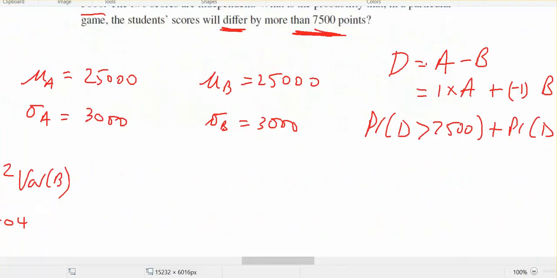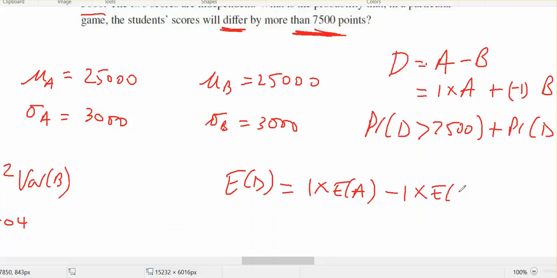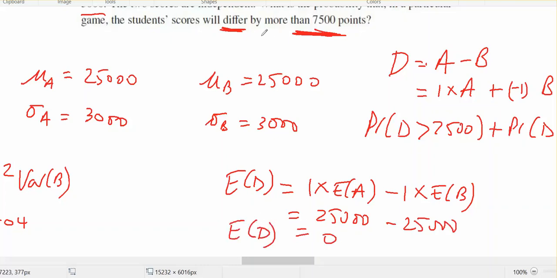Okay, so the expected value of D will be 1 times the expected value of A minus 1 times the expected value of B. Therefore, 25,000 minus 25,000, my expected value would be 0. Since they have equal ability, I'd expect that the difference between the two of them would be 0.